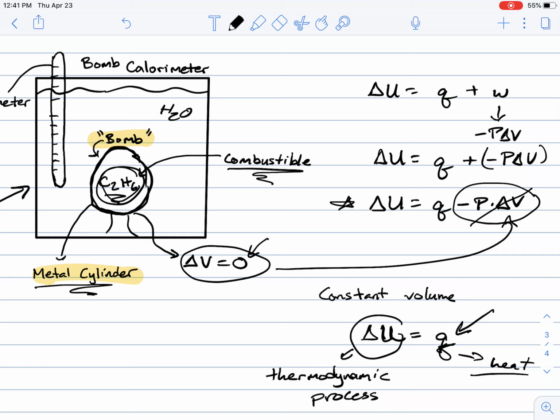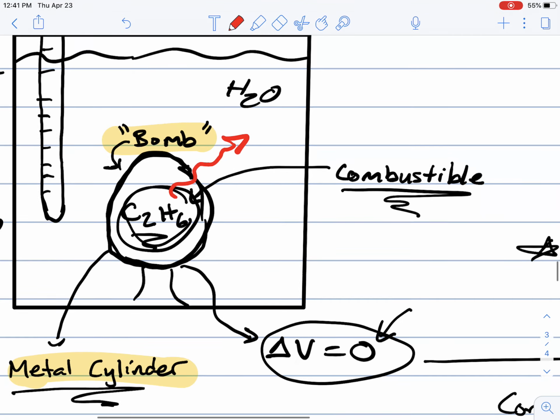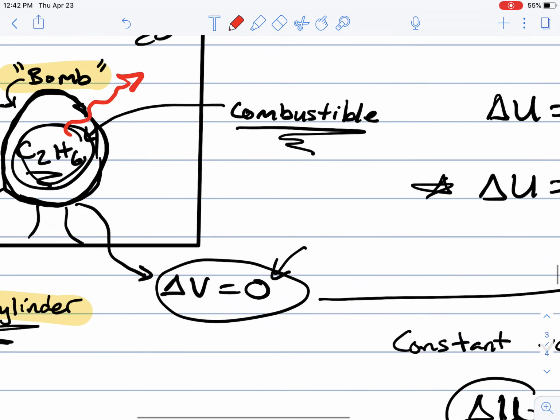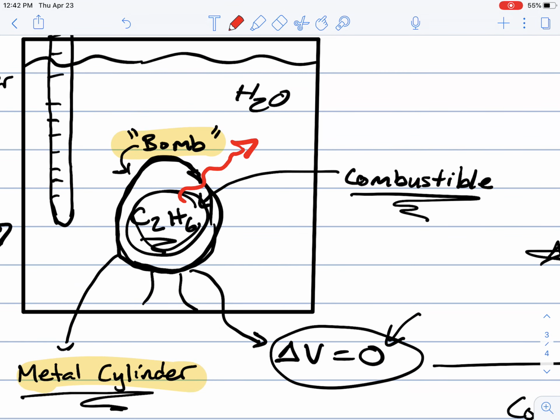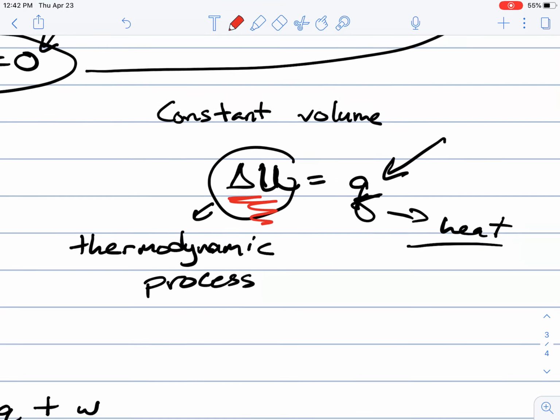So if we know how much heat was transferred from the system to the surroundings, and if we can calculate that using whatever, then we can determine the overall change in the internal energy of the system.